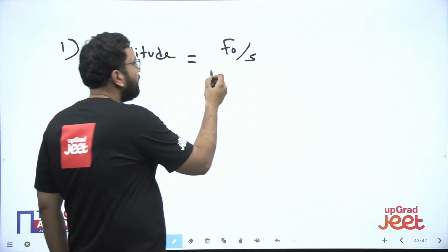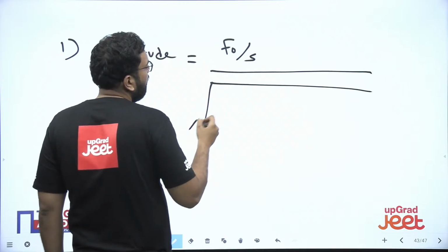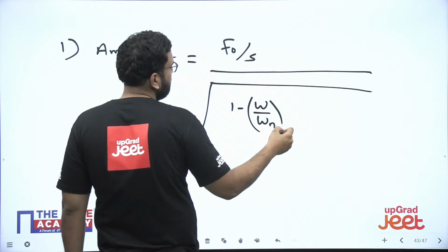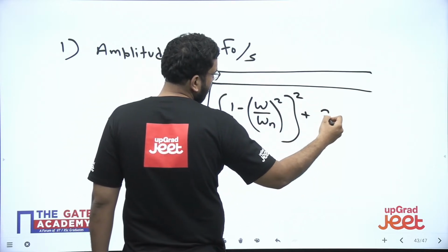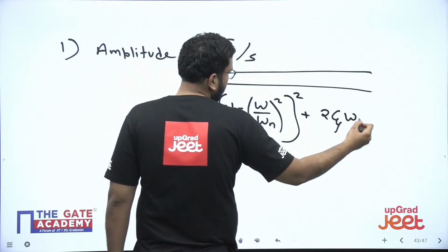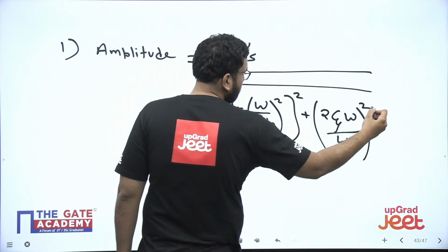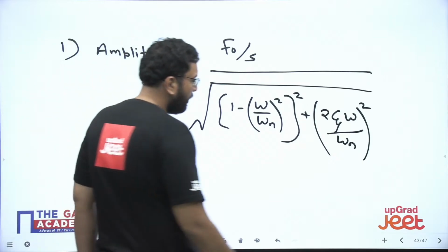So it is going to be F naught by S divided by the denominator. All right, so this is your amplitude.